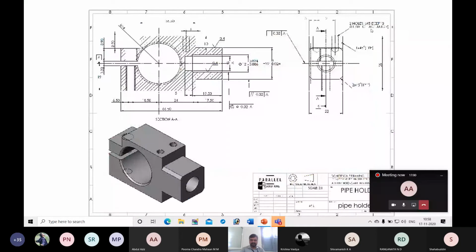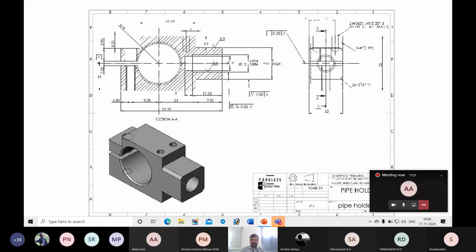Next, come to engineering products and engineering drawing. This is one example of a production drawing, and this is the part. I think now you are familiar with drawing. These are the orthographic views, and this is the isometric view of a product.